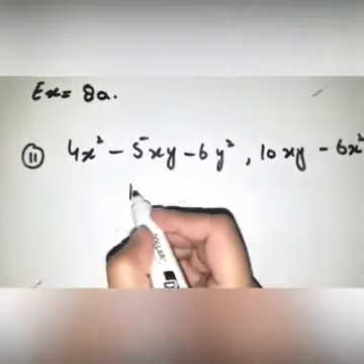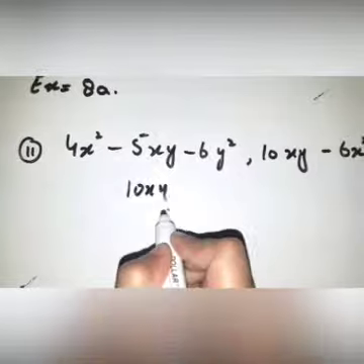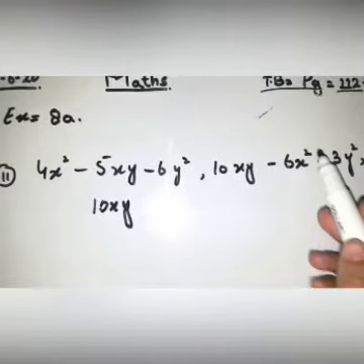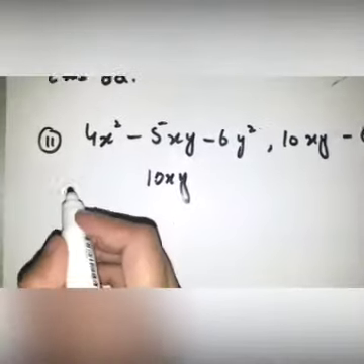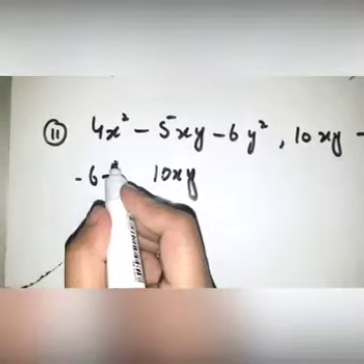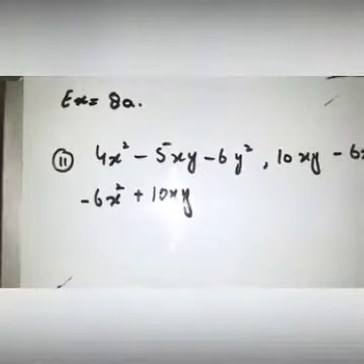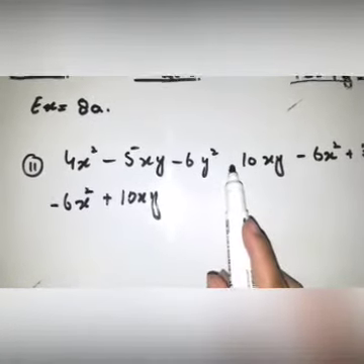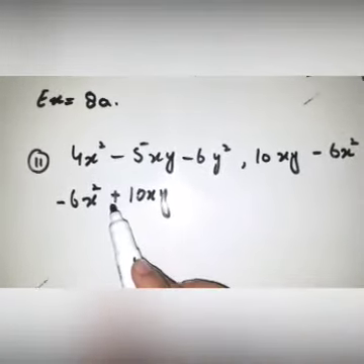You will write 10xy under the xy, minus 6x square, so x square will come under the x square. This 10 has the positive sign, there is no sign, it means it has the positive sign, so the plus will come here.